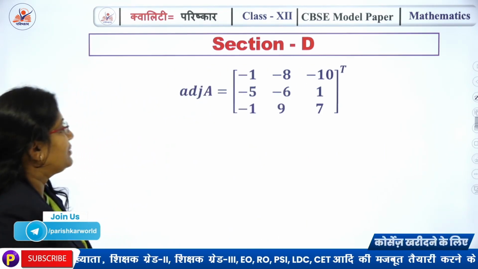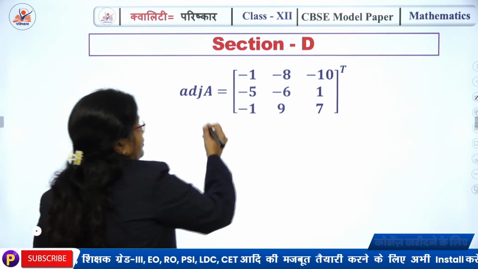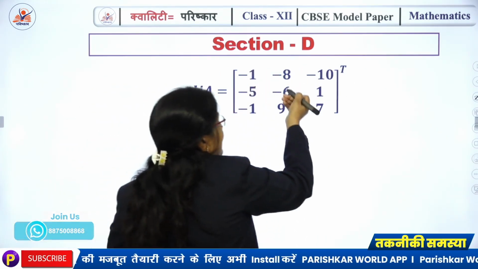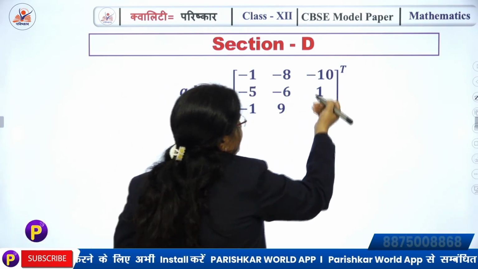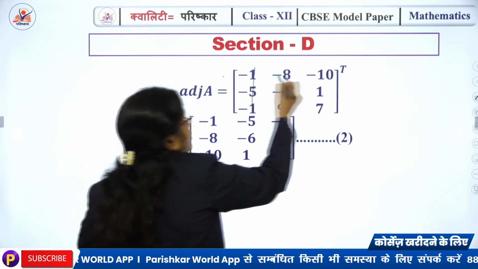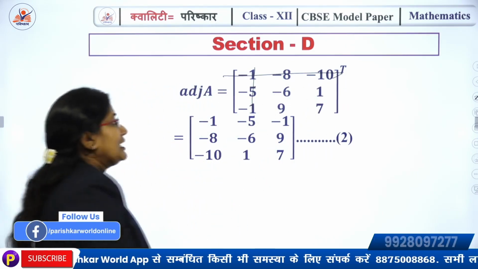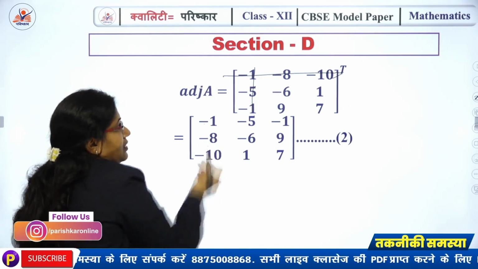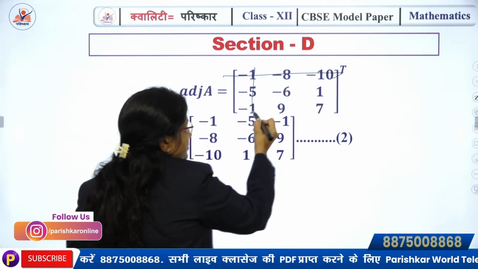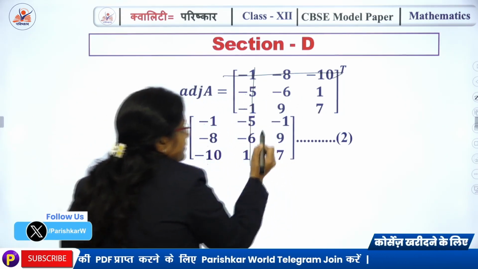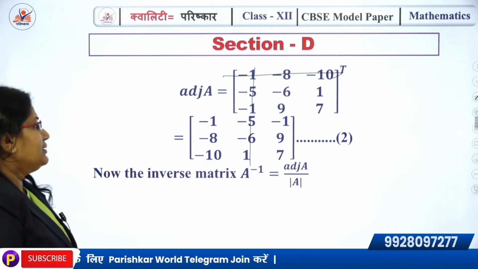After calculating this matrix, we have adjoint A is equal to the transpose of the matrix minus 1, minus 5, minus 1, minus 8, minus 6, 9, minus 10, 1 and 7. After interchanging the rows into columns, we get the transpose matrix as minus 1, minus 8, minus 10, minus 5, minus 6, 1, minus 1, 9 and 7. So this is the adjoint A.